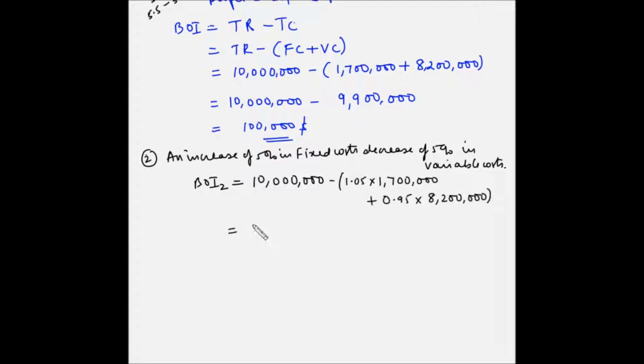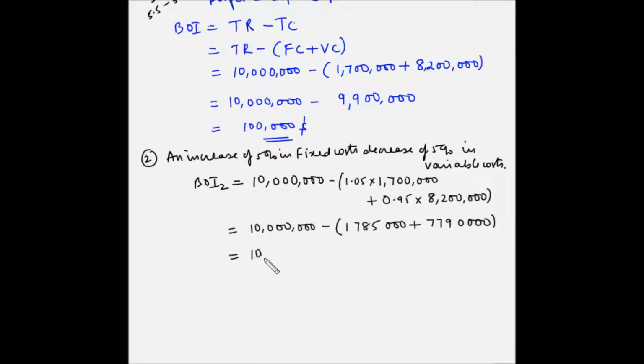So this is equal to 10 million minus 1,785,000 plus 779,000.